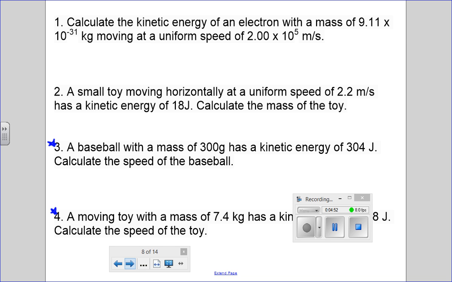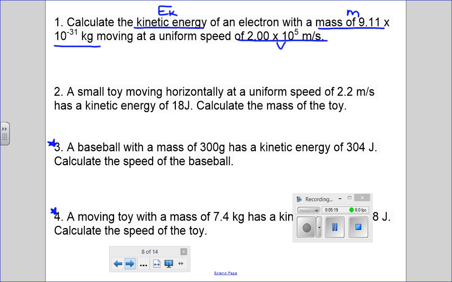So in all of these questions, we're going to be using the kinetic energy formula. In the first question, it is asking me to calculate kinetic energy, so I know that's what I'm looking for. I have a mass that is already in kilograms, which is perfect. I don't have to change it. And I have a speed.